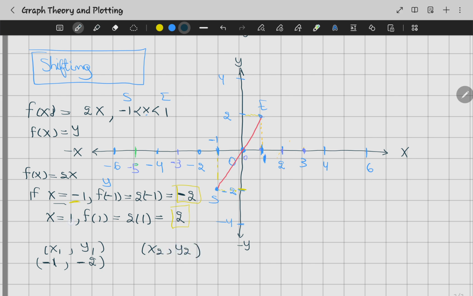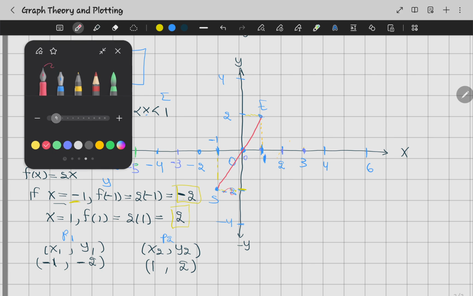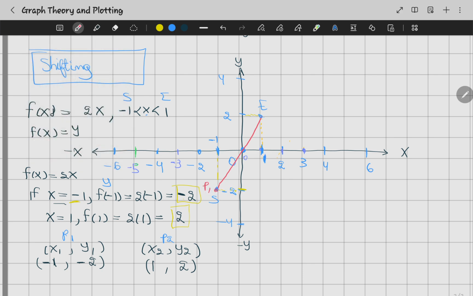If you plug 1, you will get 2 at that point. So this is how we are able to know. So this is the second point, and then this is the first point. That's why you see we have P1 and P2.